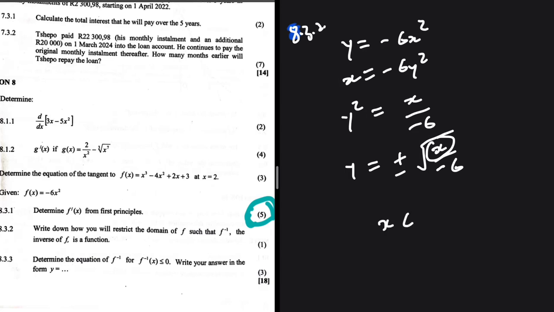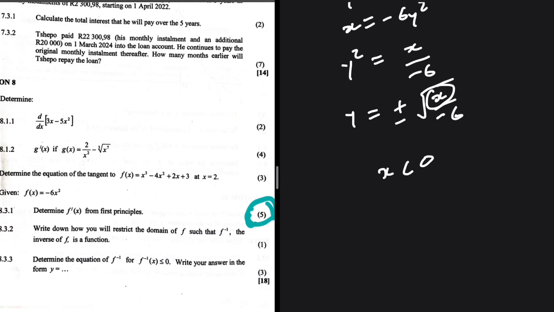We need x to be less than 0. Because if x is positive, let's say 2 for instance, then 2 divided by minus 6 is minus 1 over 3, and that is going to be undefined because it is under the square root. For instance, with minus 6, we're going to have minus 6 divided by minus 6, which is 1. So, okay, there we go. We need x to be less than 0, not greater than.